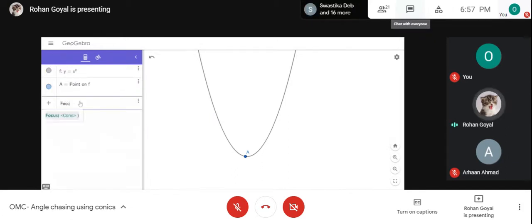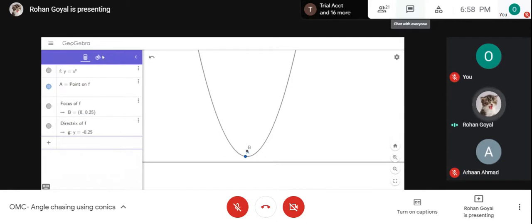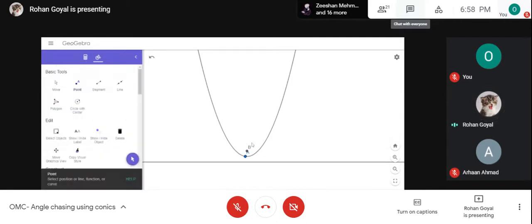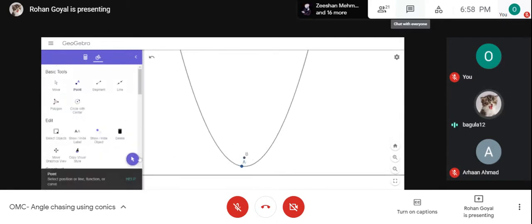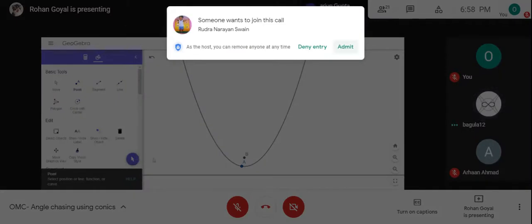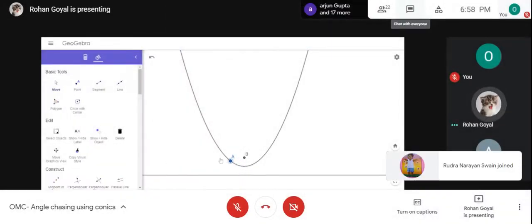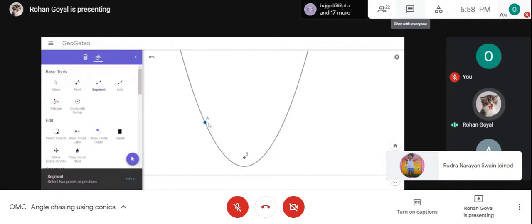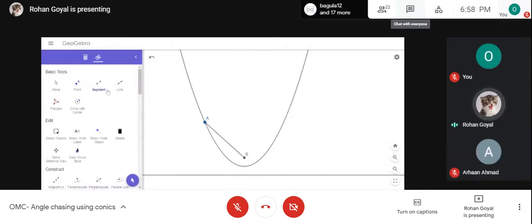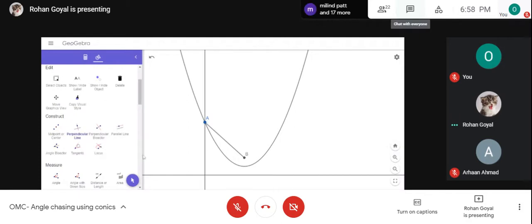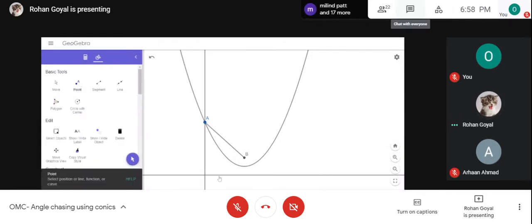You have again a focus and a directrix. If you take any point on the parabola, the distance would be the same from the focus and to the directrix. So the distance AB is the same as the distance AC.